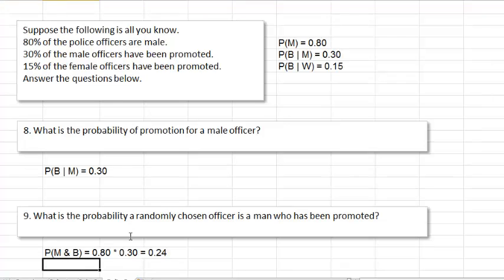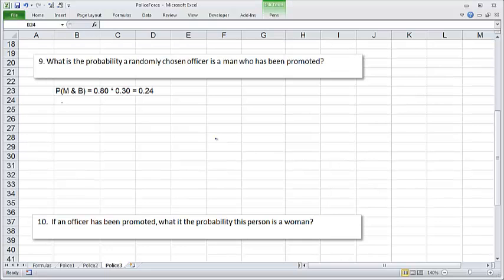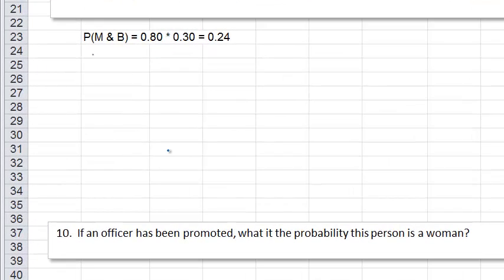First, let's talk about how to find the formula. Recall that the formula for the conditional probability of B given M is the joint probability of B and M in the numerator, and in the denominator we have the marginal probability.